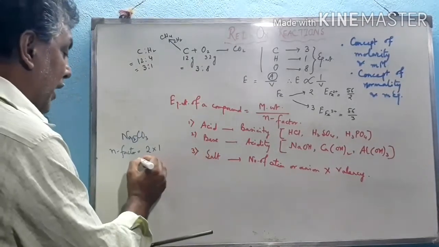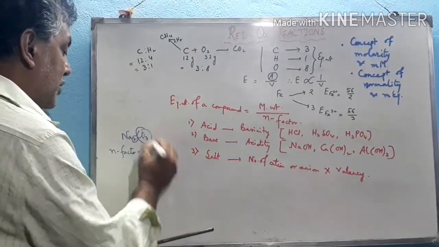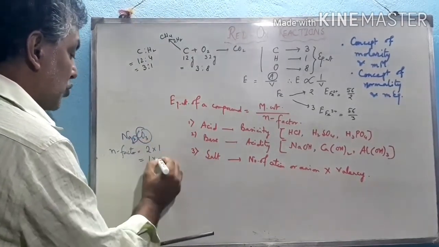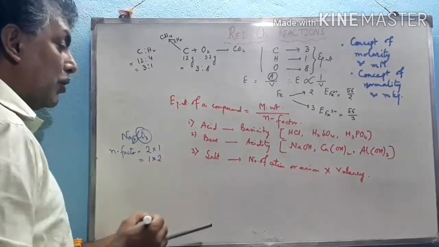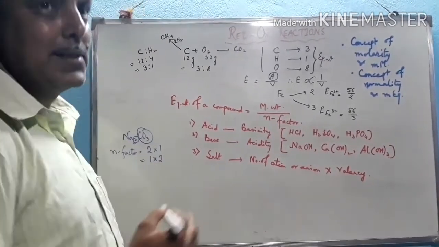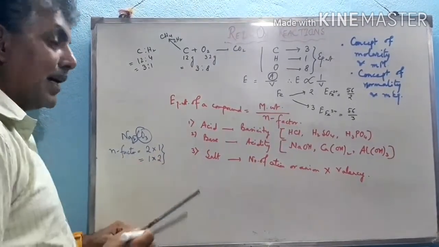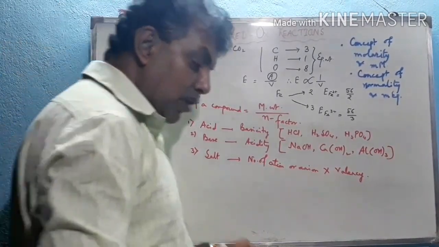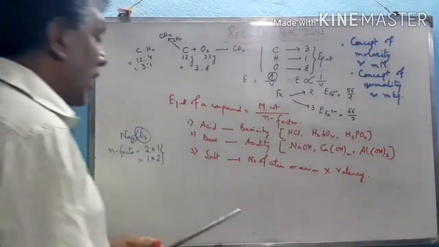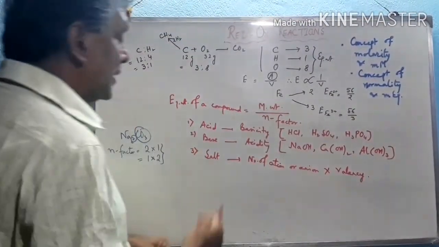If we take the anion, the number of anions is 1 into a valency of 2. So whatever the number of cations or anions multiplied by its valency, the product remains the same. Therefore the n factor always remains the same.